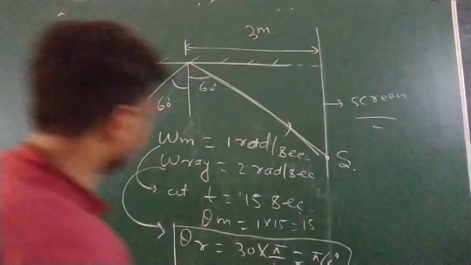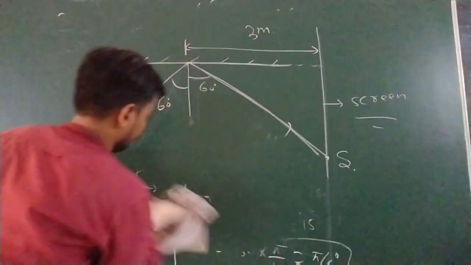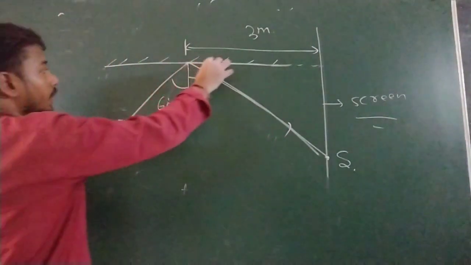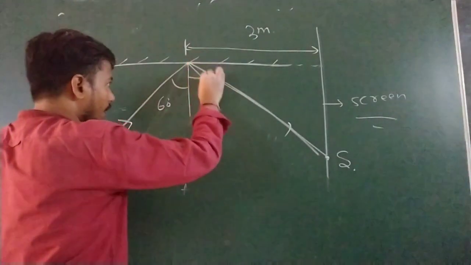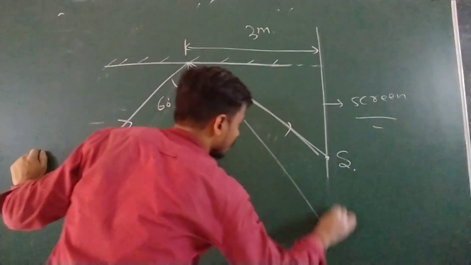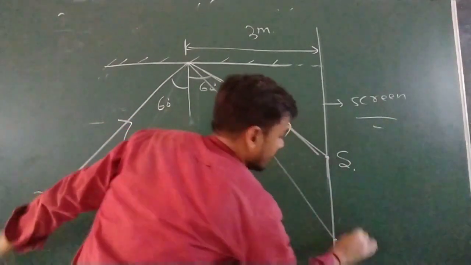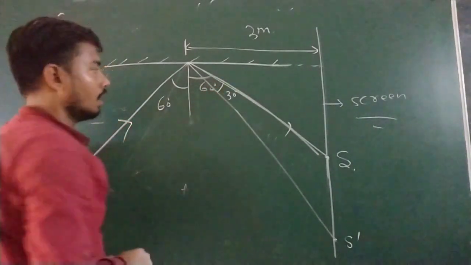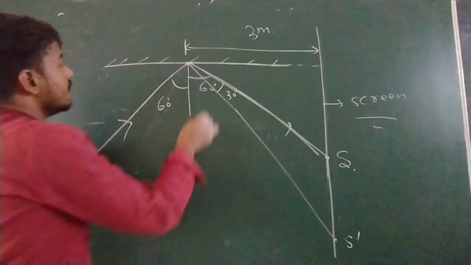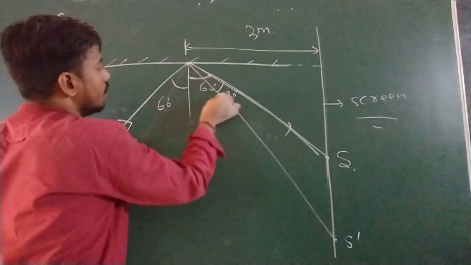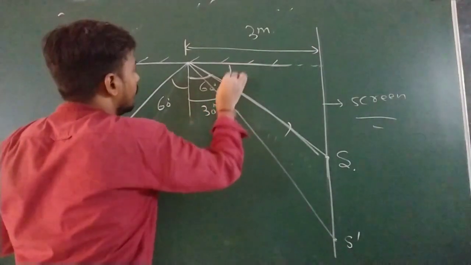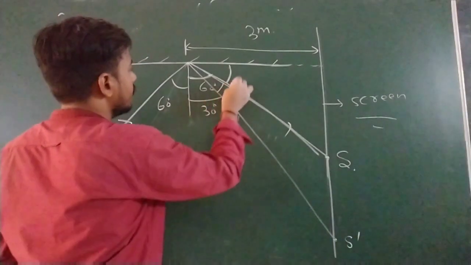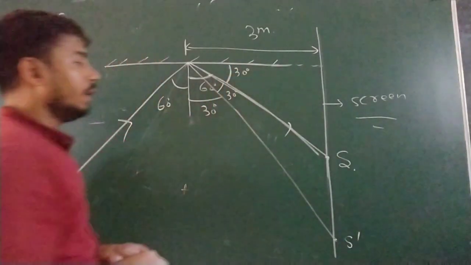It means this is the ray, so the new ray will be like this, and this is the new spot, as dash. This angle becomes 30 degree. Getting my points? So initially this is what? 60. So this now becomes 30 degree. Okay, this ray becomes 30, this becomes 30, 60. So this is 30. Okay, fine.